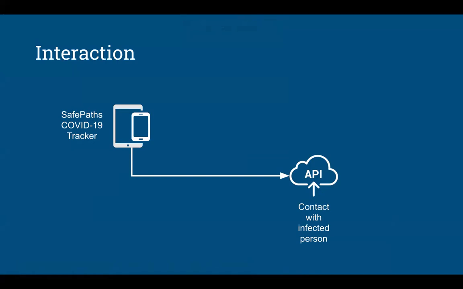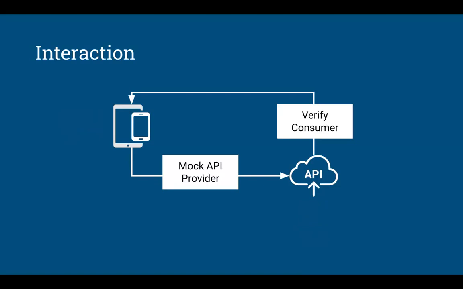You download the app on your phone, and it tells you whether you've been in contact with infected persons in your vicinity, and then you can take yourself out of that situation and self-isolate. That's government advice. There's an API that provides that, and when you have the contact, it reports it.